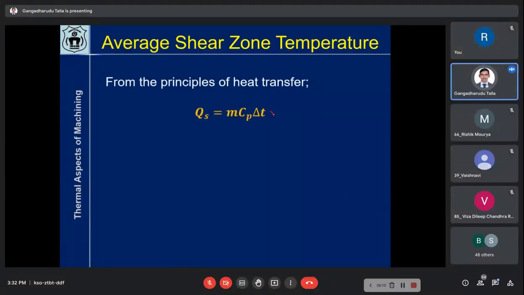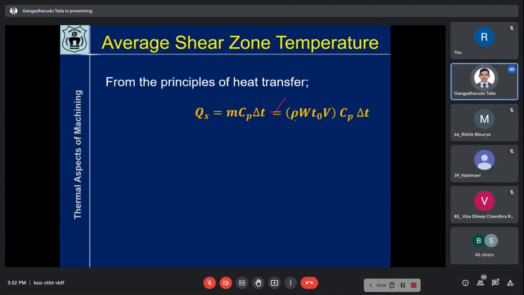From heat transfer principles, we know that Qs, the heat generation rate in the shear zone, is equal to m Cp delta T. This is a well-known equation.